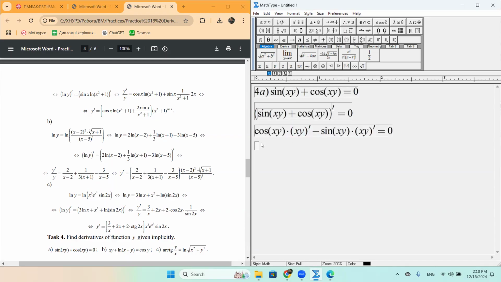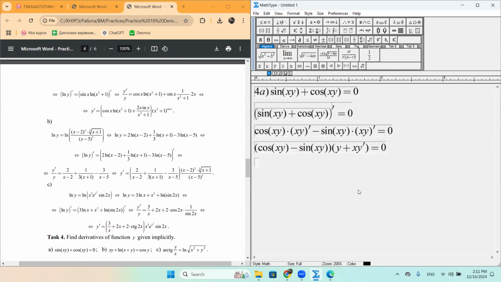So we can move the sum of cosine and sine out of brackets. It will be more convenient for us. And then just calmly differentiate this product. The derivative of x is 1, so y plus xy prime. We remember that y is a function that depends on x, so y prime.